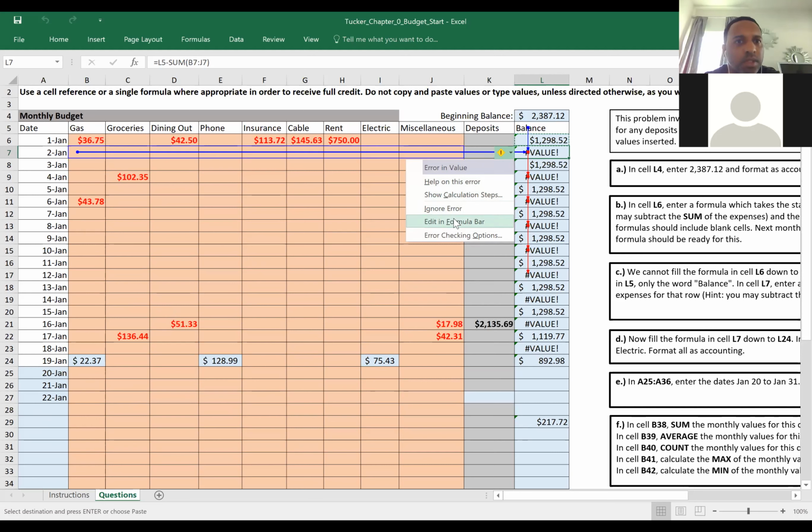So what is wrong with this? J7, error. Easy way to say there's something wrong with the way the formula is typed. Okay.